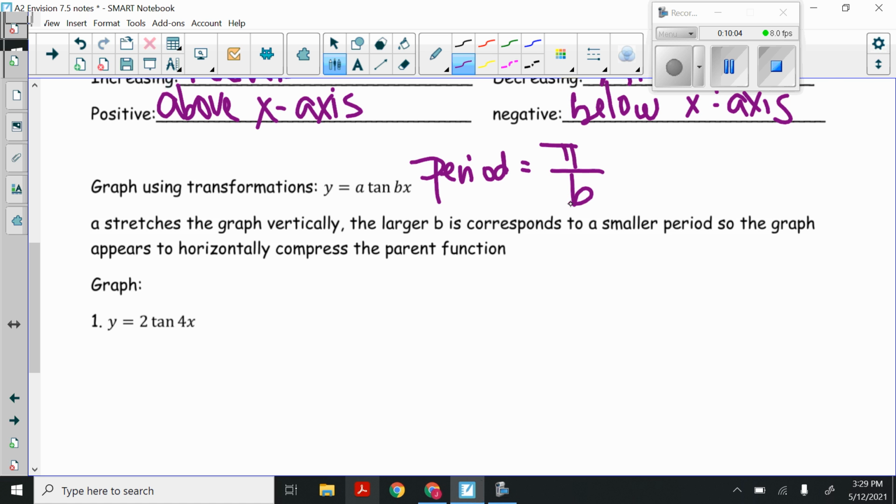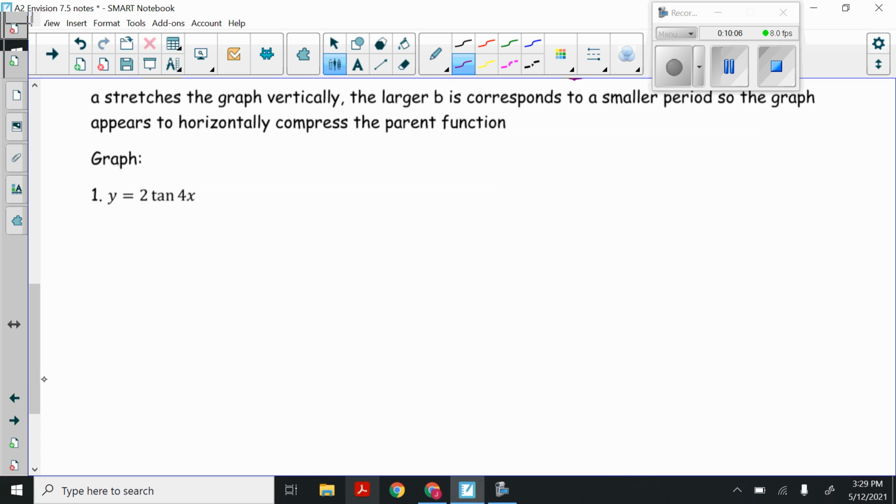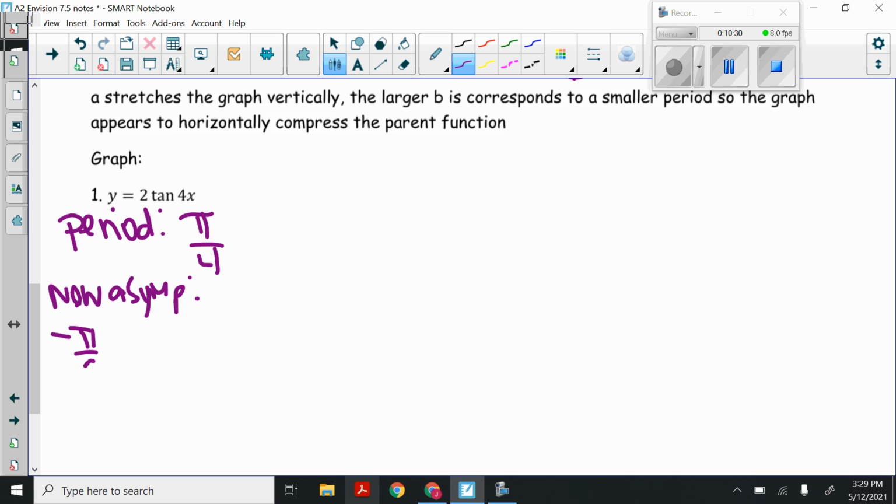All right, so first one we're going to graph, y equals 2 tangent of 4x. So first we want to find the period. So pi divided by 4. So that's our new period. So then that means we're going to have new asymptotes, right? So to find our new asymptotes, take what the original asymptote was, negative pi over 2 to pi over 2.